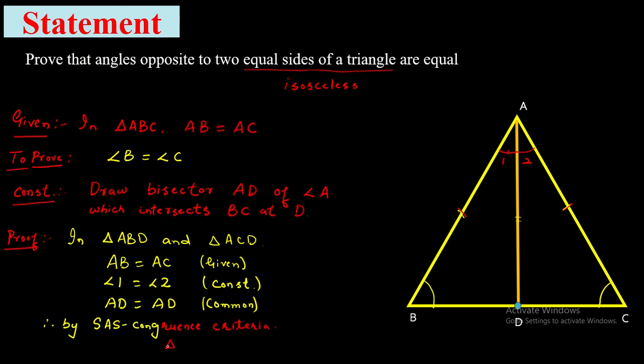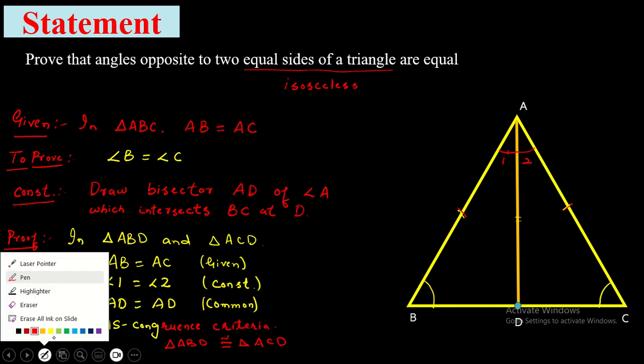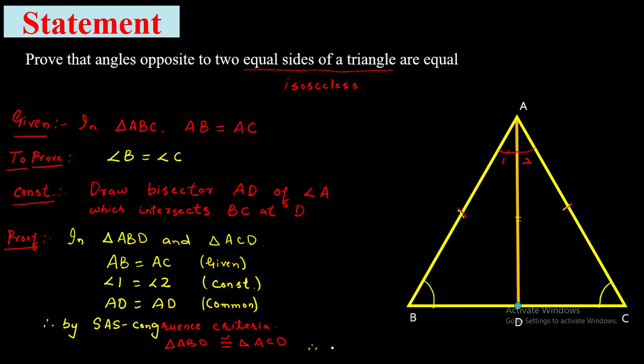That is, triangle ABD is congruent to triangle ACD, and when two triangles are congruent, corresponding parts are equal. Therefore, we can say angle B is equal to angle C. Hence, proved. So we proved that in an isosceles triangle, the angles that are opposite to the equal sides are also equal, and we used the SAS congruence criteria.